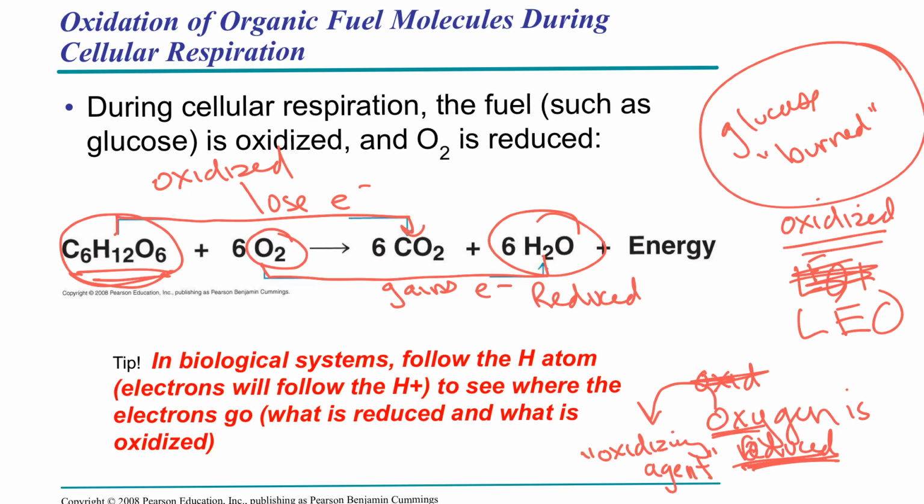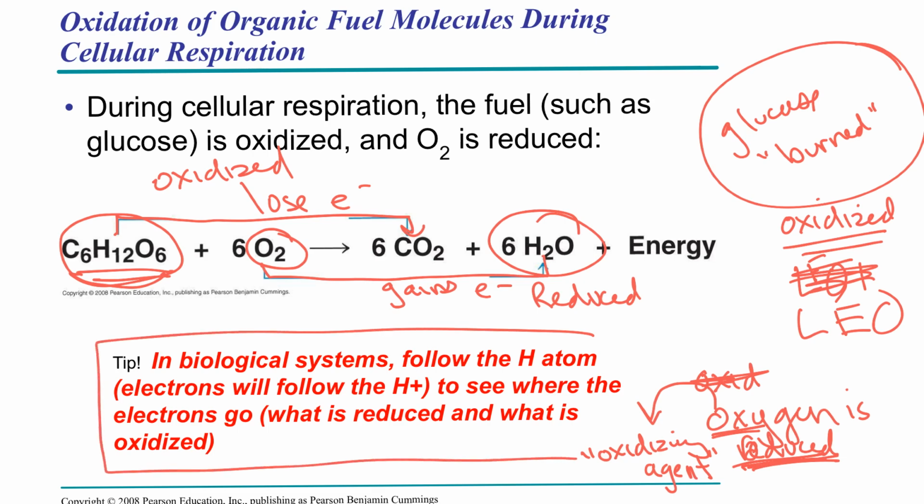So I got a great tip for you guys. And if you're a chemistry major or a chemist and you're hearing this, you're probably rolling your eyes. But I don't care. Because in biological systems, we have a nice little shortcut. We follow the hydrogen atom to see what has been oxidized and what has been reduced. So wake up if you're falling asleep, because this is really important.